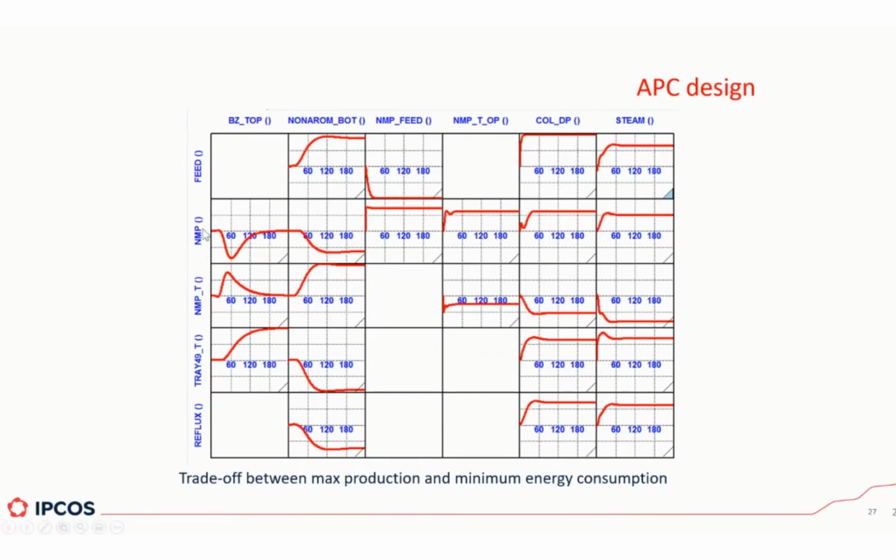The solvent, the NMP, well, it definitely had an impact, for example, in the bottom composition, in the ratio with the feed, of course. But then as well, the solvent in itself had to go through a temperature controller to keep it as cold as possible for it to work as well as possible.